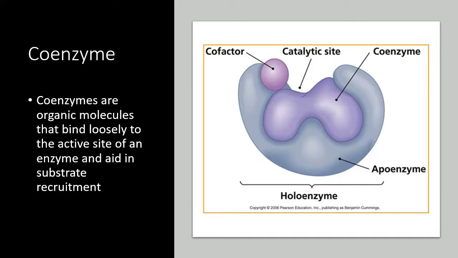In the illustration shown, a coenzyme is already attached to the active site of an enzyme. Together with the cofactor, coenzyme will also generate the new configuration of the catalytic site of this new enzyme.